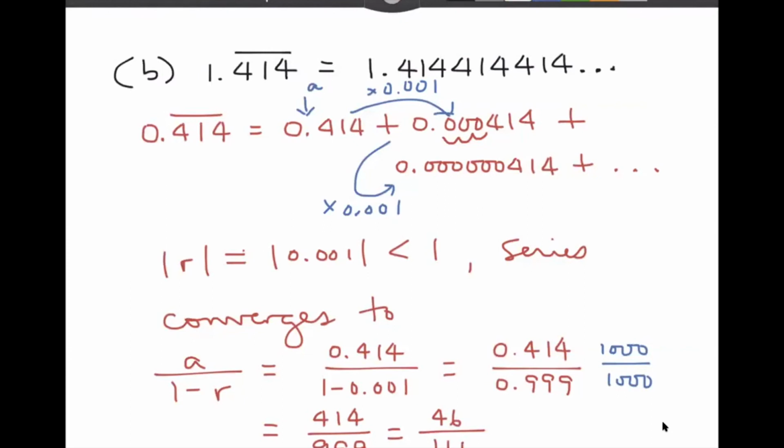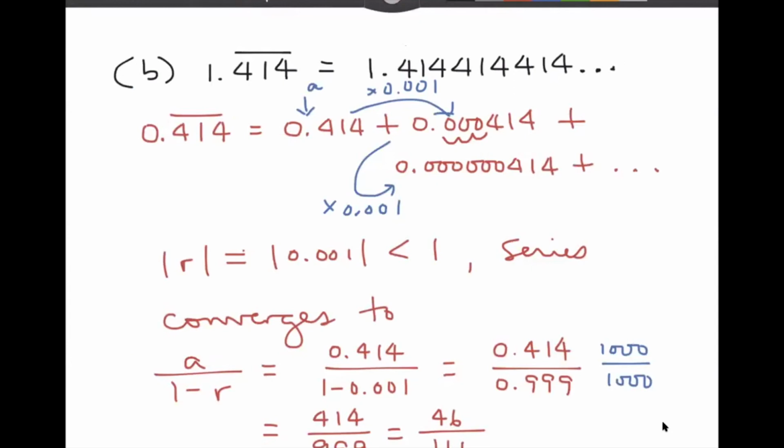Now remember, we're not quite at the final answer because we took that 1 off at the beginning. That was not part of the repeating pattern. That's why I took it off.